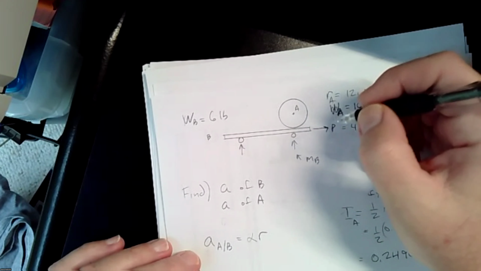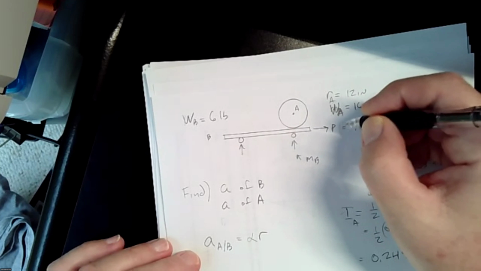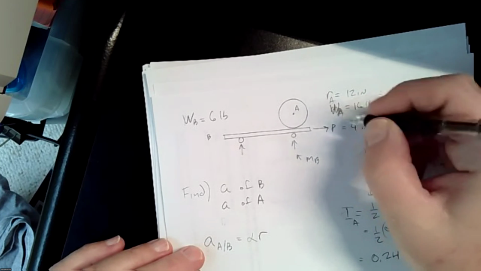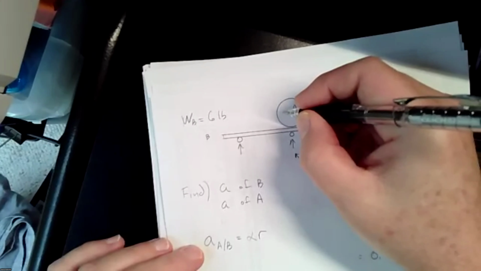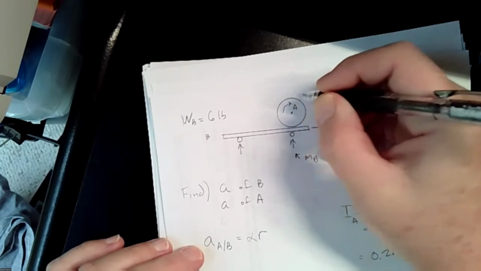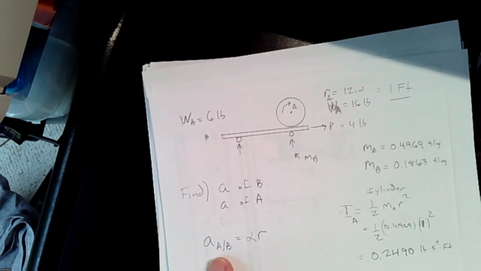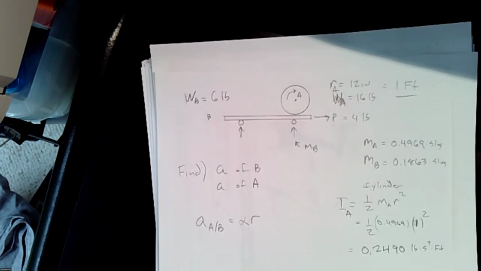If I pull this way, the whole thing is going to rotate like that as it moves. Whether it goes that direction or not will depend on what we get in our final answer. But nonetheless, we can relate the acceleration of A to B by alpha R.